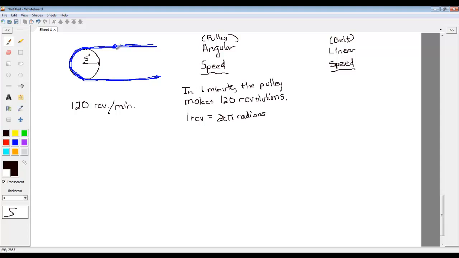Remember, for a revolution, a point starts here and goes all the way around. That's traveling 2 pi radians. So what's happening there is 120 revolutions times 2 pi radians for each one. It's going to equal 240 pi radians per minute.